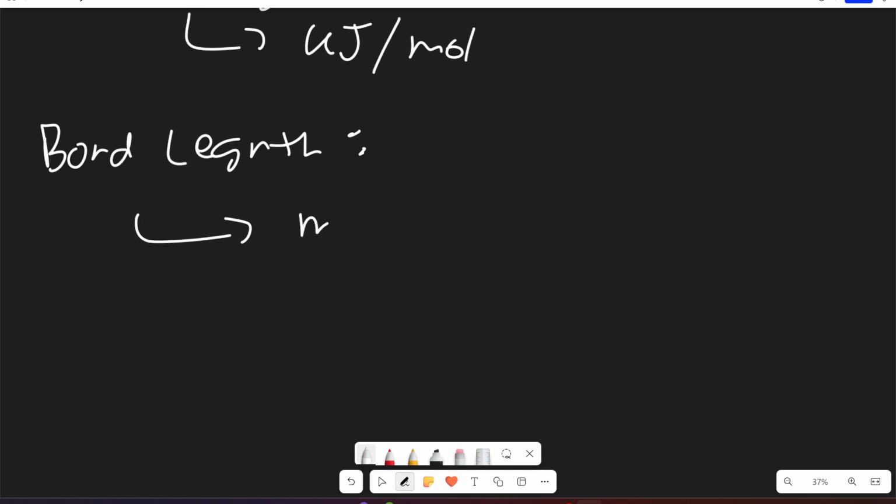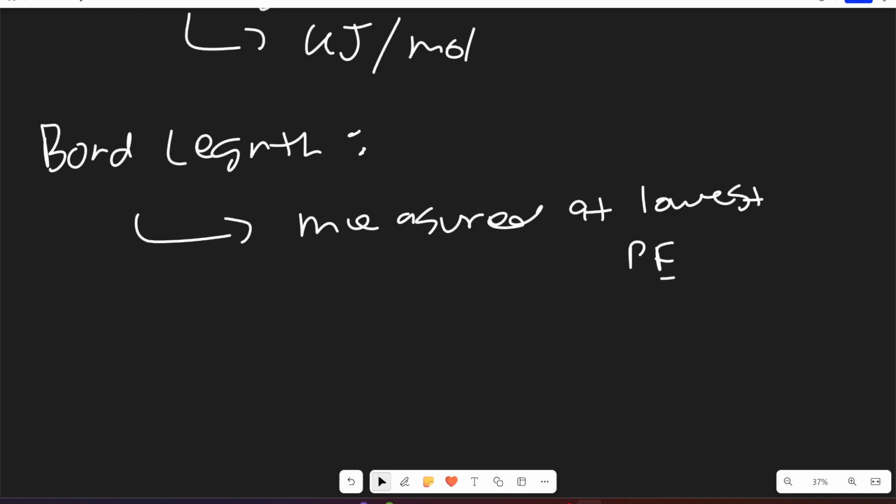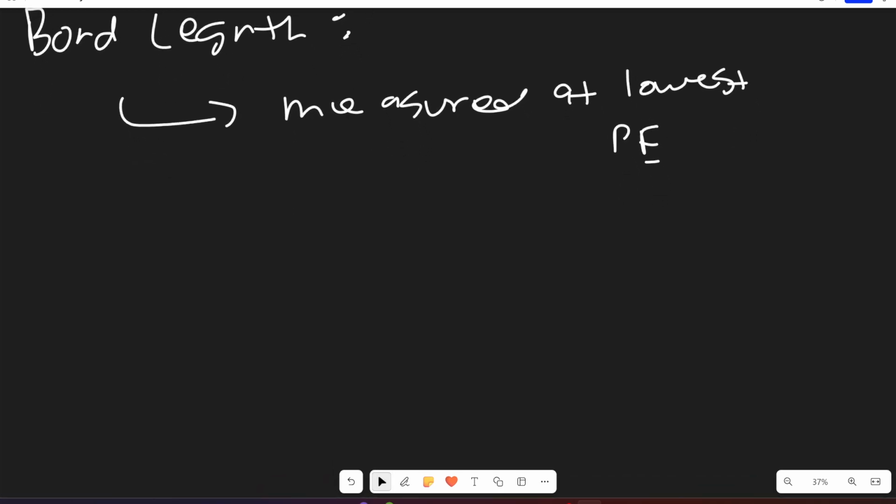So I'll just say measured at lowest PE. And again, bond length, like bond energy, is also an average, and it's measured in picometers. So essentially 10 to the 12th picometers is 1 meter.